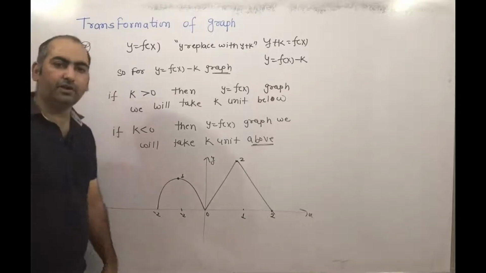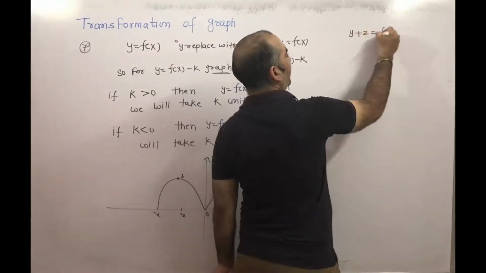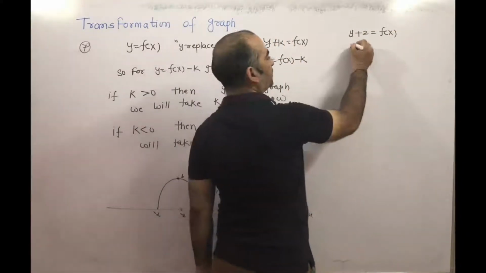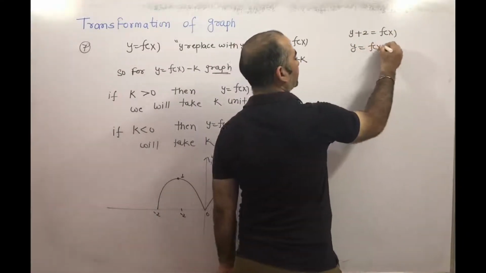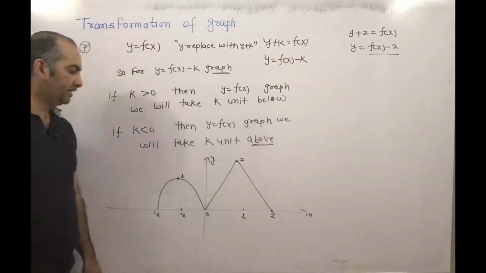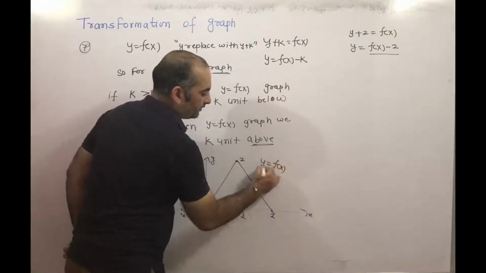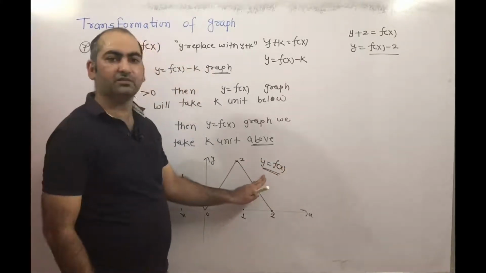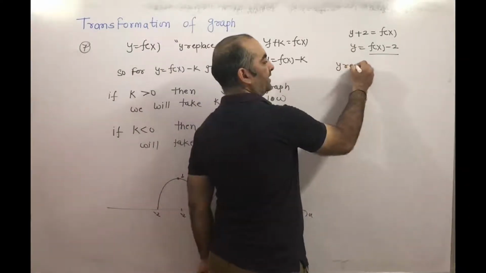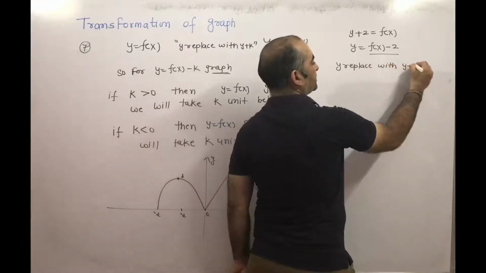And we want to find out y plus 2 equal to f(x). So this one we can write as y equal to f(x) minus 2. Here, instead of y, we are replacing y plus 2.